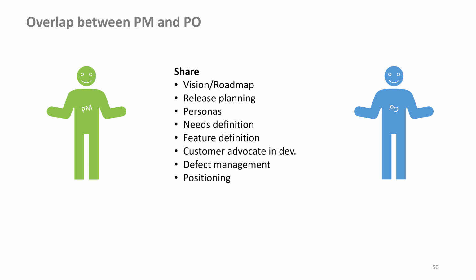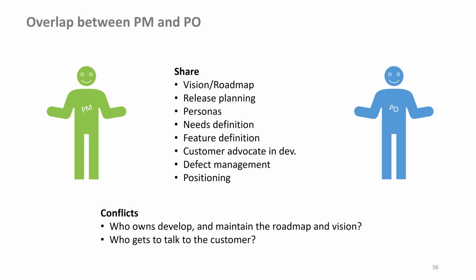Other points are the definition of needs and features, customer advocates in development, defect management, and positioning. The greatest potential for conflict is the responsibility for roadmap and product vision, as well as who is in contact with the customers.